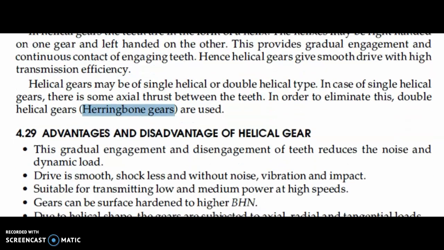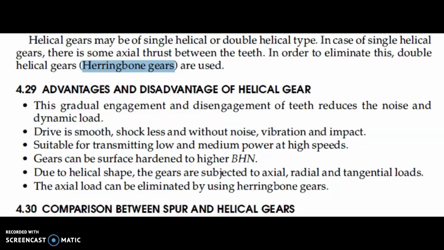Then, what are the advantages and disadvantages of the helical gear? Helical gears have gradual engagement. The engagement between the two mating helical gears is very gradual, and the disengagement of teeth reduces noise and dynamic load.